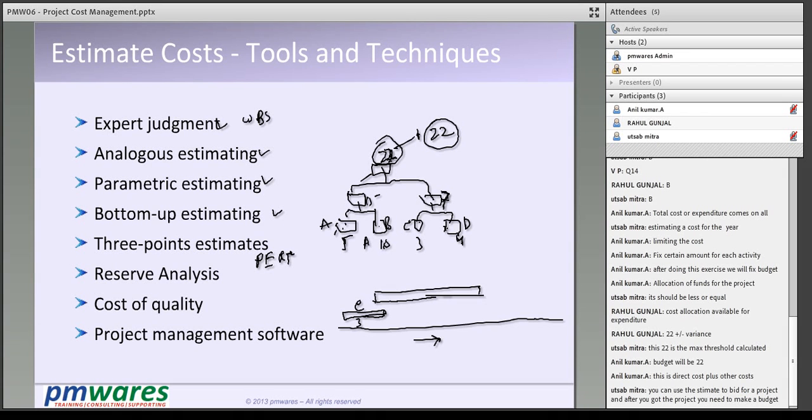Right? This is B. In between, when the project was here, you started the activity D, and immediately after that A. Right? So what is the expenses?